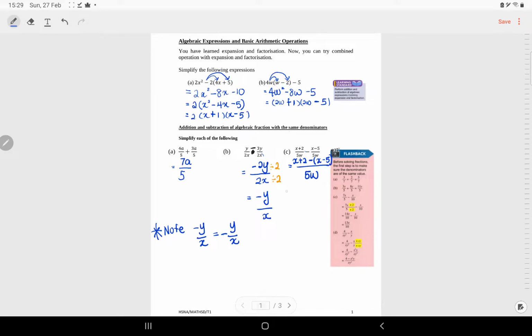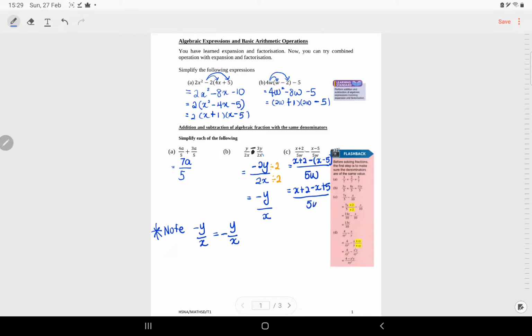Okay, so that equals x plus 2. Now here, the negative: technically I have a coefficient of 1 here. So I will multiply negative 1 with x, that will give me negative x. Negative 1 multiplied by negative 5 will give me positive 5.